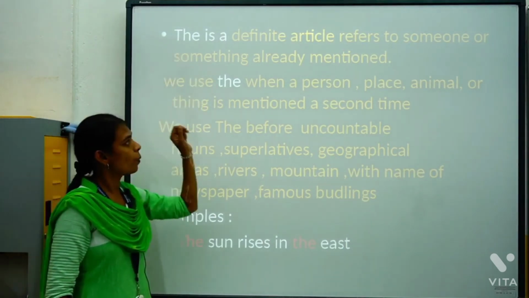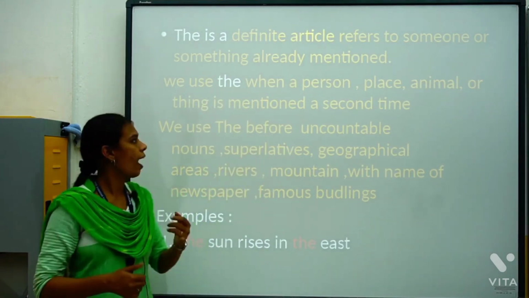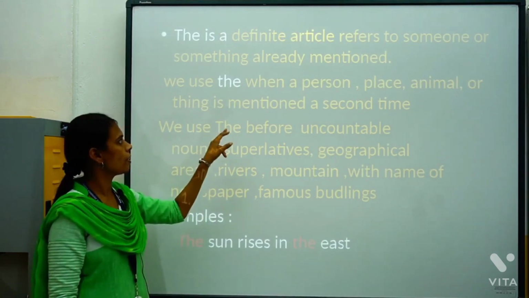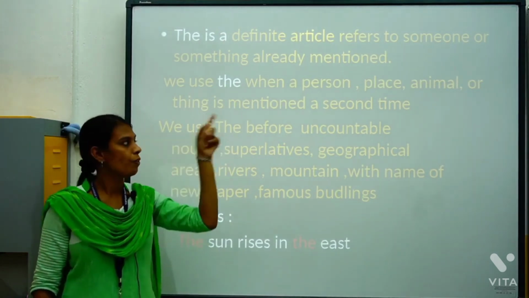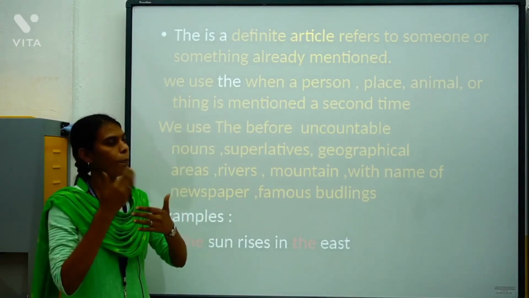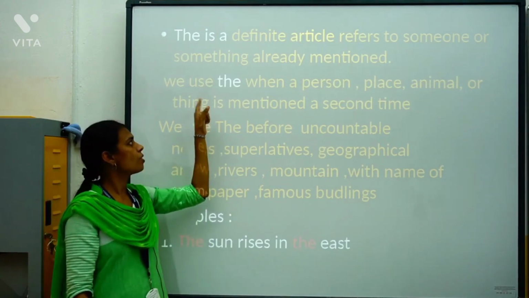Okay, we use "the" when a person, place, animal or thing is mentioned a second time. The rule number 6, second time also we use "the", right? When a person, place, animal or thing is mentioned a second time, we use this "the".